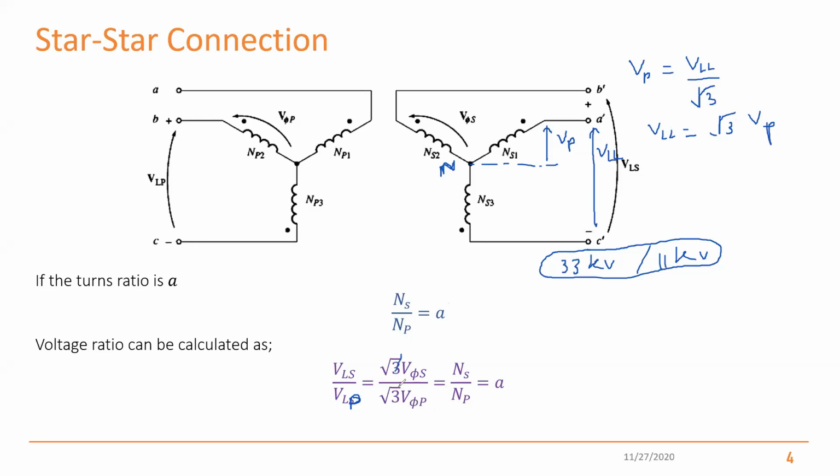These cancel, so this is directly equal to the turns ratio. That means the line-to-line voltage ratio between primary and secondary is the same as the turns ratio, and the phase voltage ratio is also the same. That is what you have to remember.